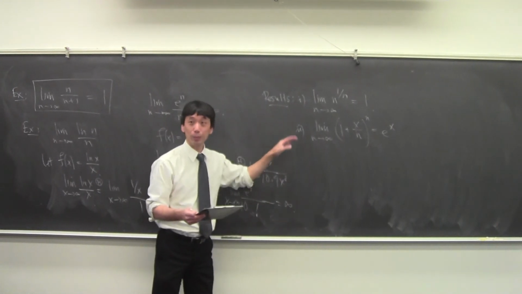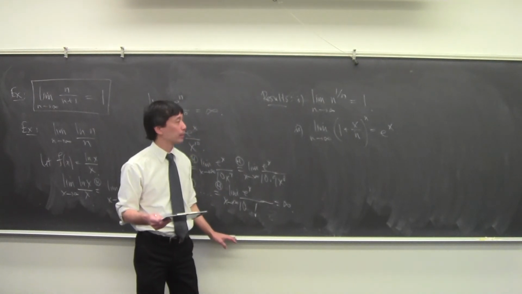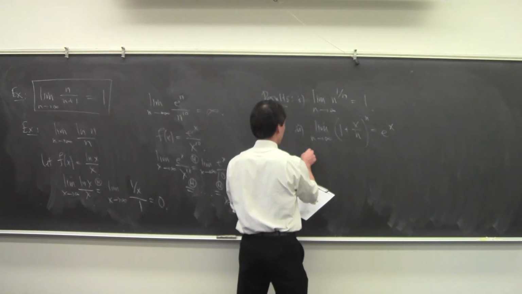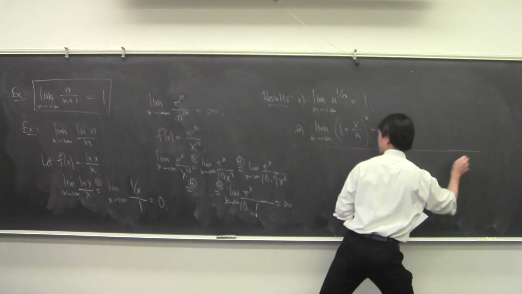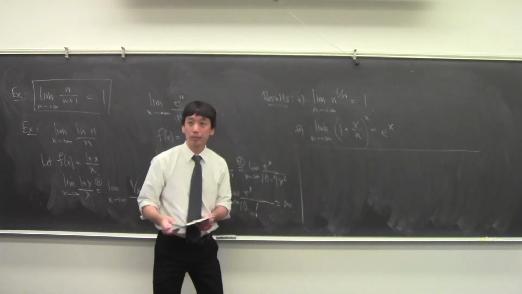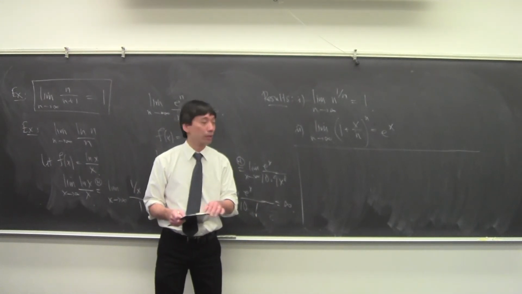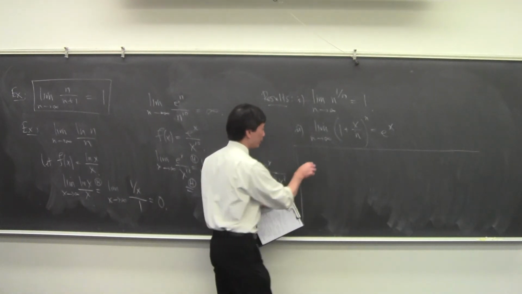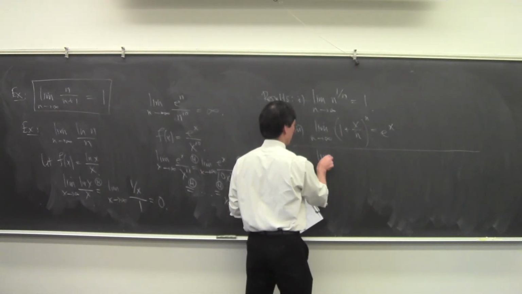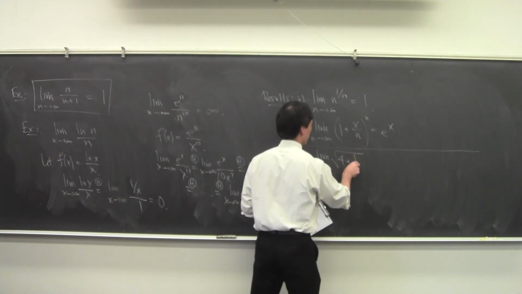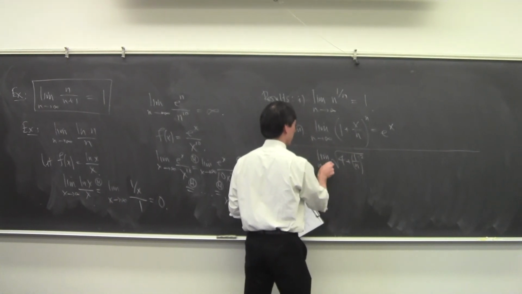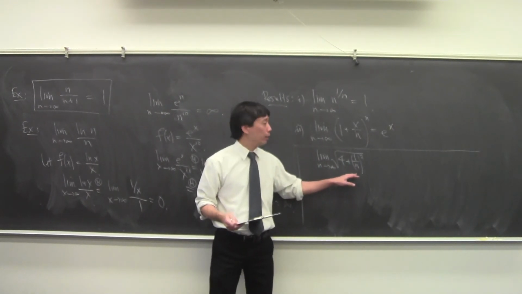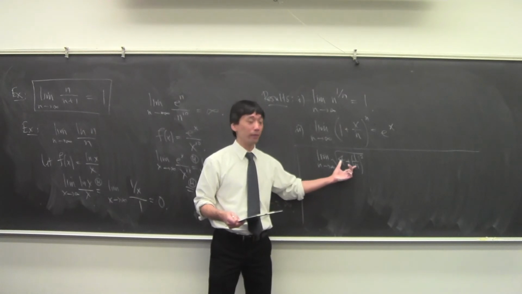Instead, let me introduce one more useful tool. Okay, and it's this. Remember we had this sequence, the limit of the square root of 4 plus 1 over n quantity squared? We had this limit. Now, what would have been nice would be the following.